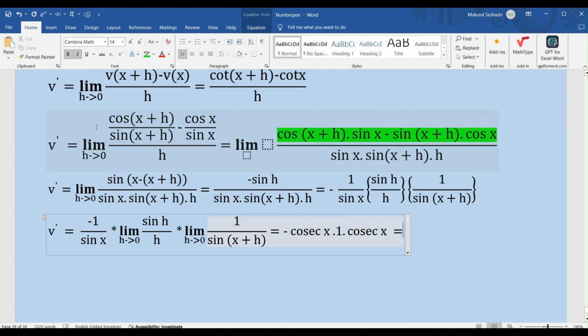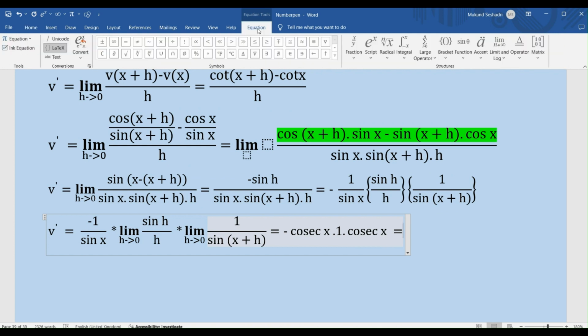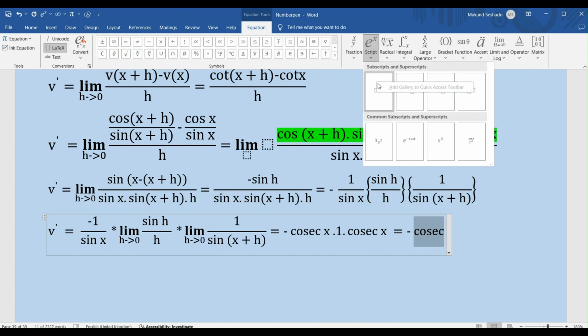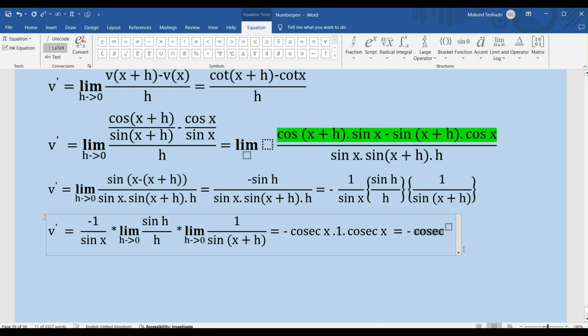So what is my answer for cot x? My answer for cot x is minus of cosecant square x, right? So that's the derivative of cot x using first principles, right? So before we go back to our equation, to our function, we have solved cot x using first principles, and the answer is minus cosecant square x.